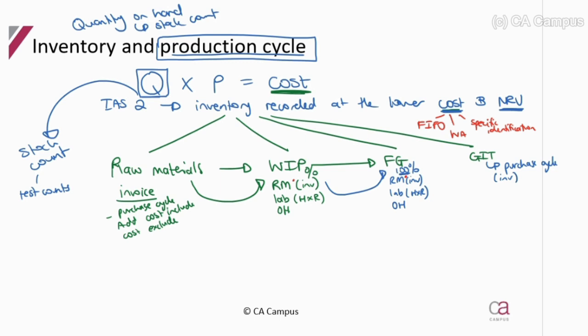To determine that. And then we all know, guys, that you could use standard costing in terms of what your management accounting requirements are to determine the cost. And where you've got standard costing, you're going to have a standard quantity and a standard price.